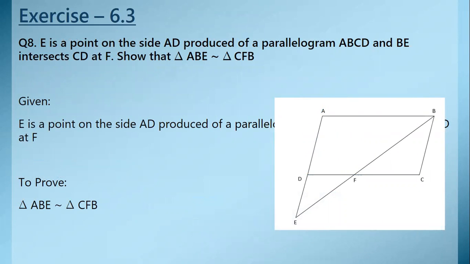Now question number 8. E is a point on the side AD produced of a parallelogram ABCD and BE intersects CD at F. Show that triangle ABE and CFB are similar. So given that E is a point on AD produced of the parallelogram ABCD, and BE intersects CD at the point F, we have to prove that triangle ABE and triangle CFB are similar.